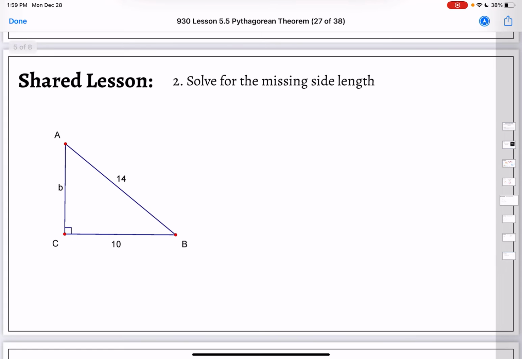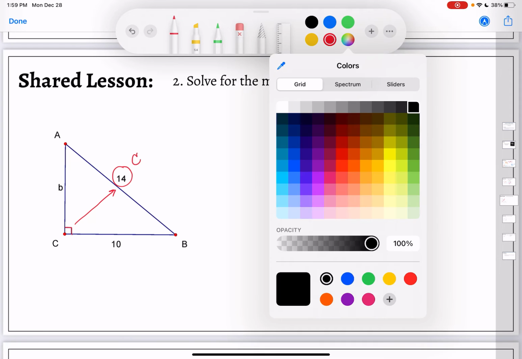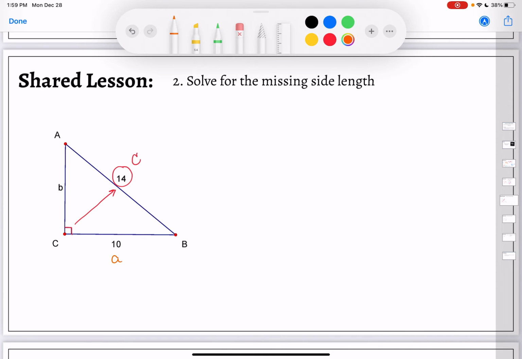All right, let's try it out this time. So here again, I have the length of two sides, a 10 and a 14, and I'm missing one of the sides. So again, first step, decide which side is C. The side across from the right angle is C. So 14 is going to be C. Now I notice that one of these sides is already labeled with a B, so that means the 10 must be A, right?